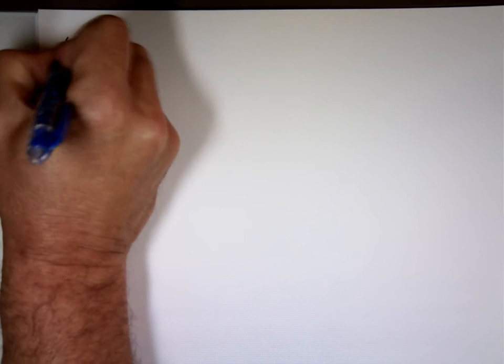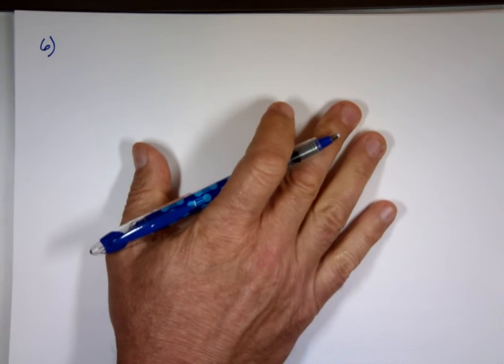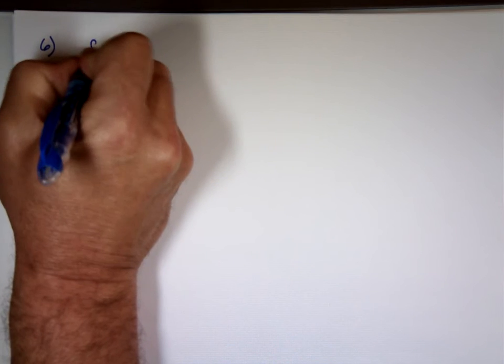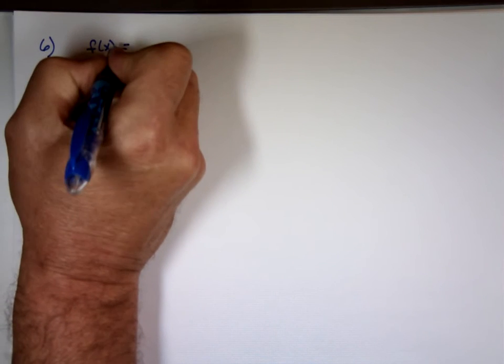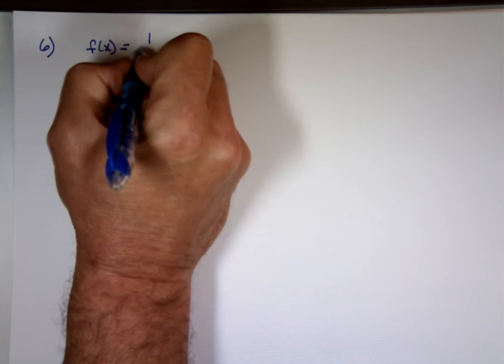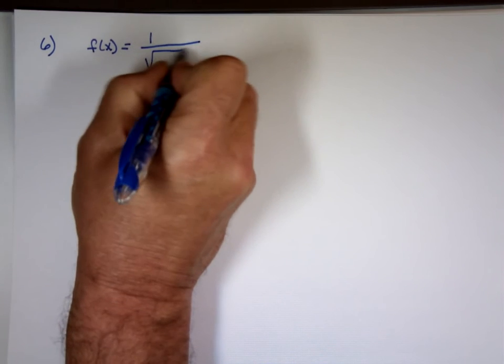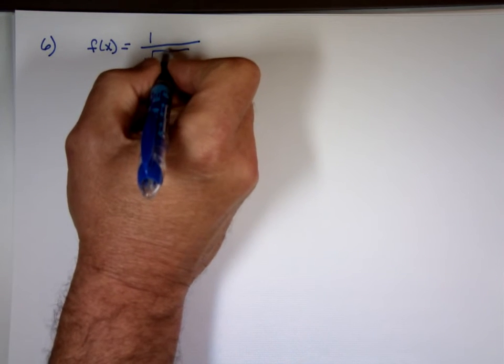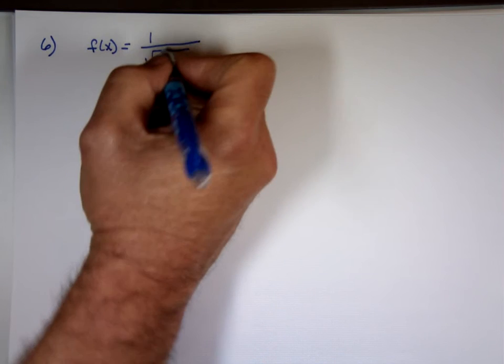Number 6. F of x equals 1 over the square root of x. I don't know if this is 19. Yeah, I think it's 19.